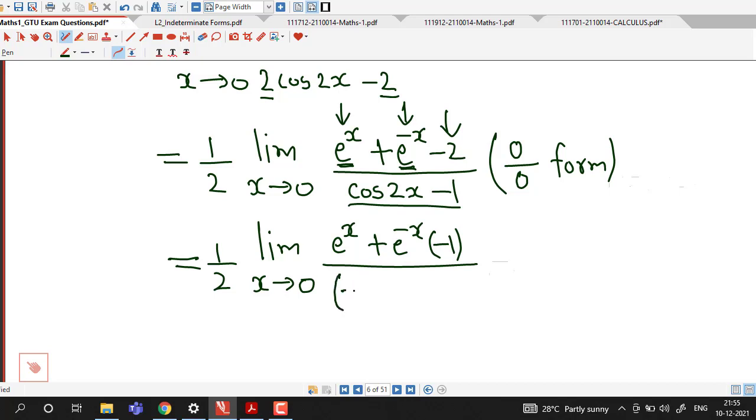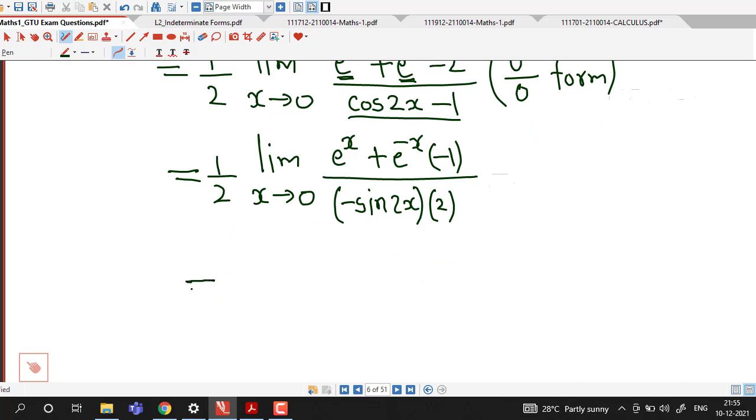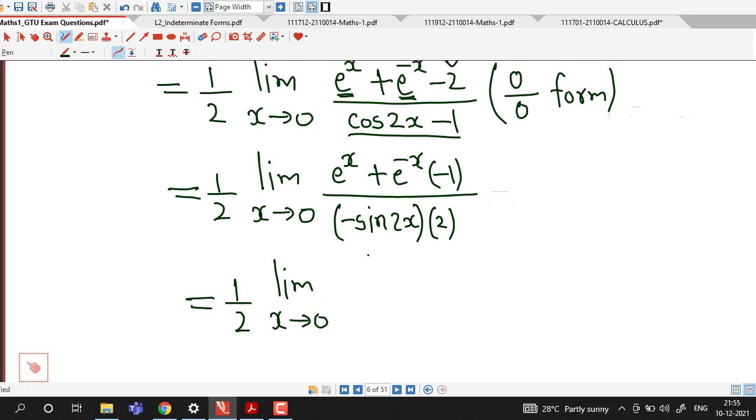The derivative of cos 2x is minus sin 2x into 2, and minus 1 gives 0. So now we check what we obtain. This is equal to 1 by 2, limit x tending to 0, of e^x minus e^(-x), divided by minus 2 times sin 2x.